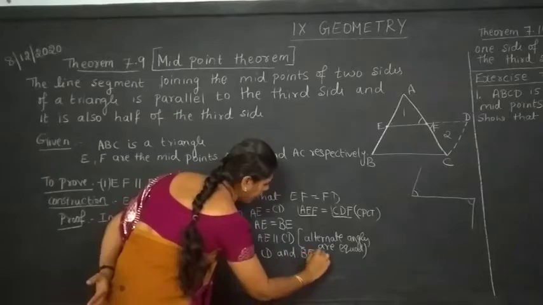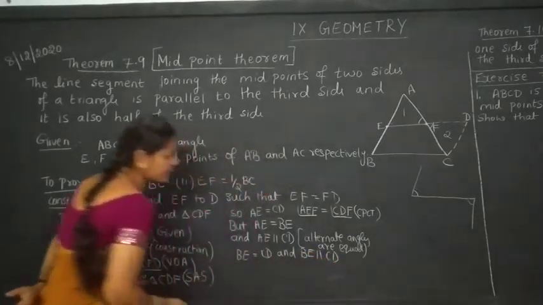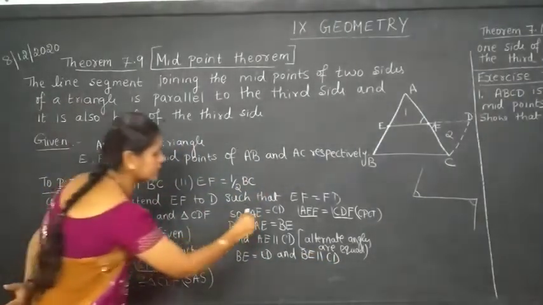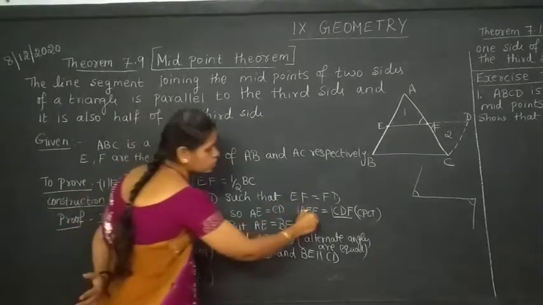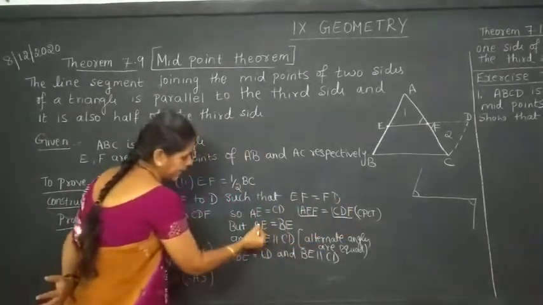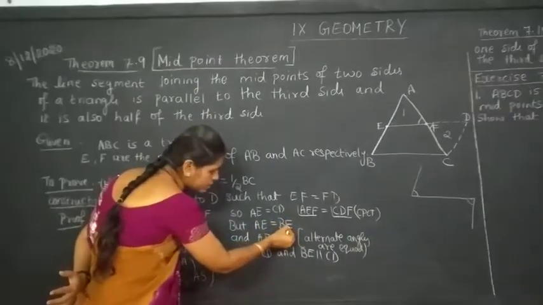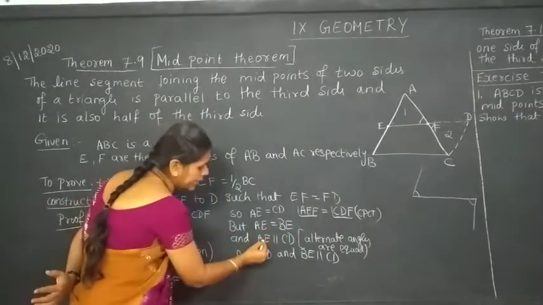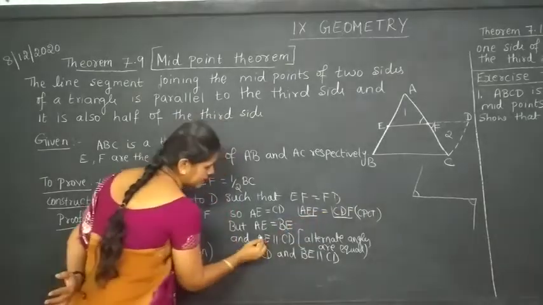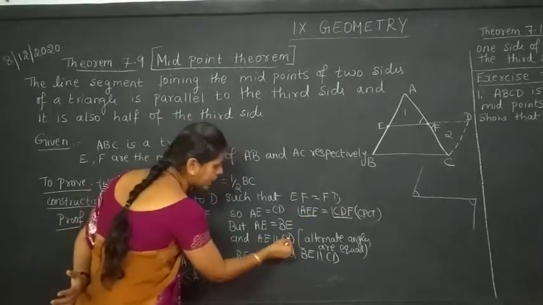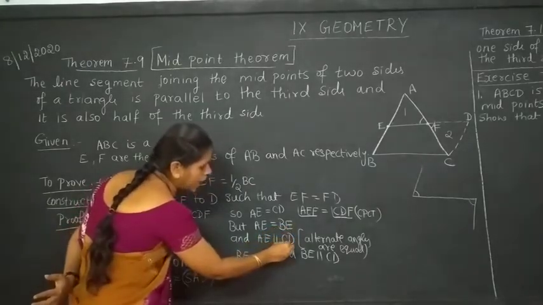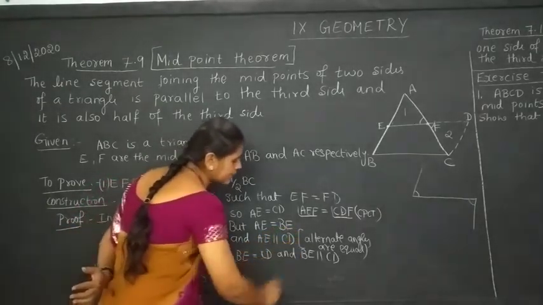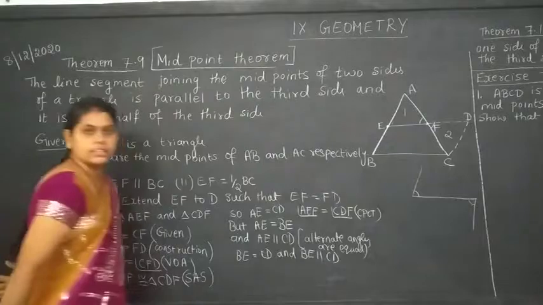These things I can write by these three things: AE is equal to CD, these two angles are equal, and AE is equal to BE also. So at the end I can write BE and CD are equal and BE and CD are parallel.